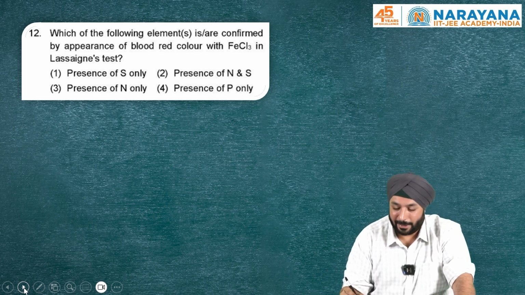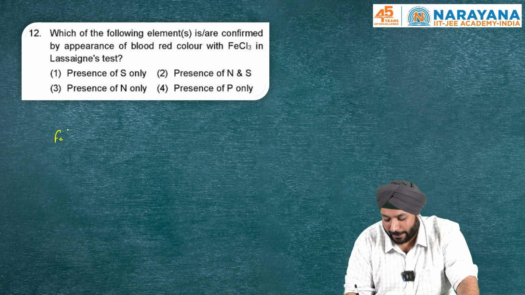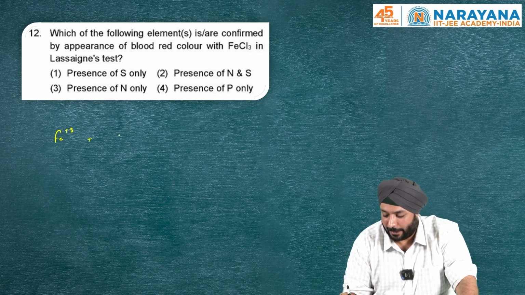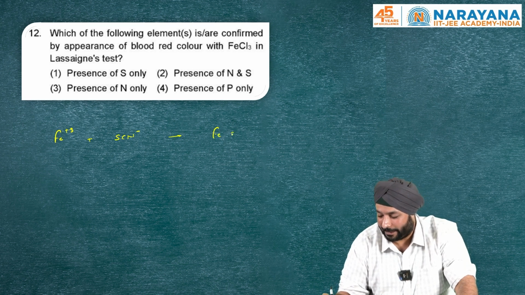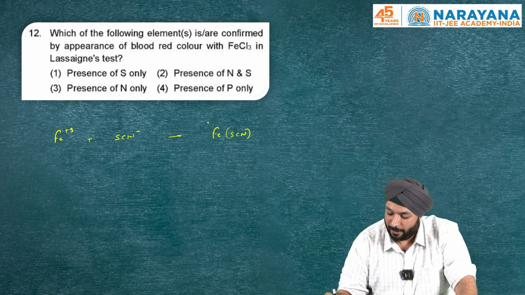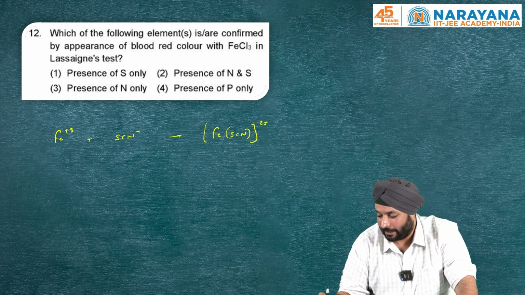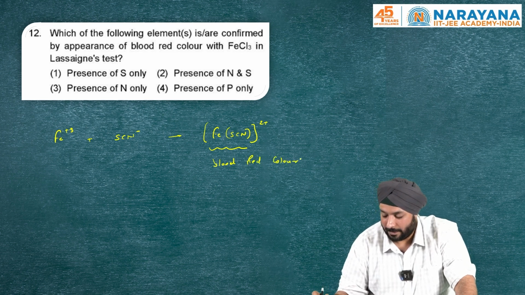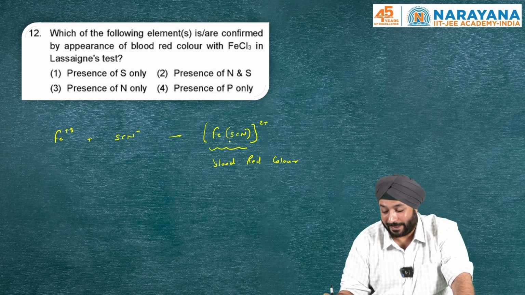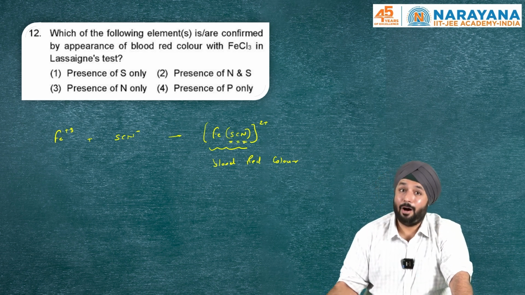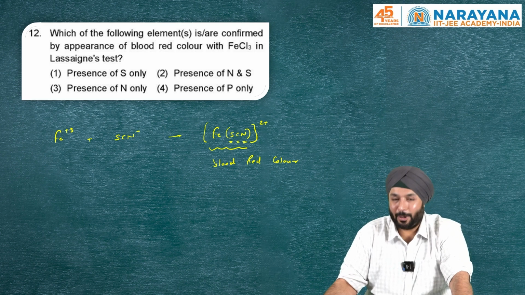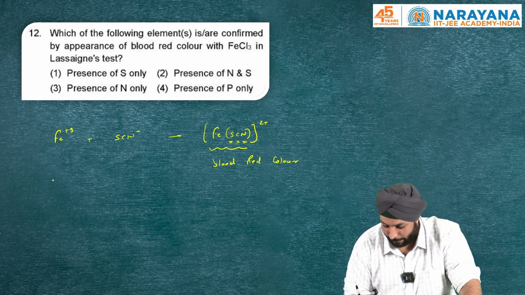Now, blood red color, every one of us knows that when Fe3 plus reacts with thiocyanate, it results in the formation of a complex [Fe(SCN)]2 plus, which has blood red color, and we know that we require sulfur, carbon, nitrogen, all the 3 elements, right, in order to produce an ionic compound, that is thiocyanate. I'll just give a brief about that.